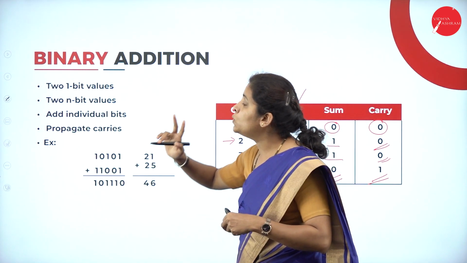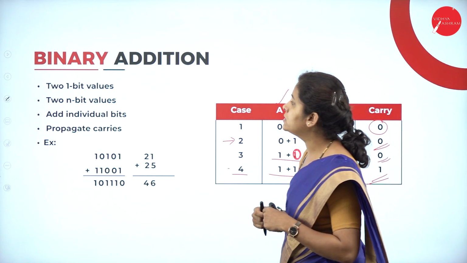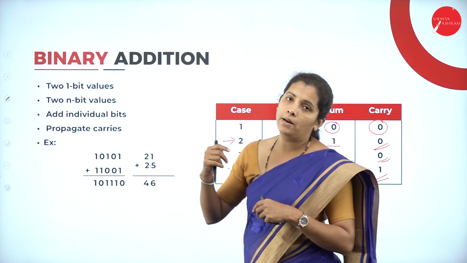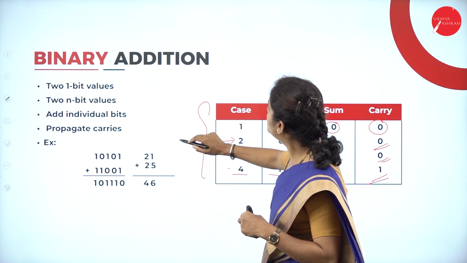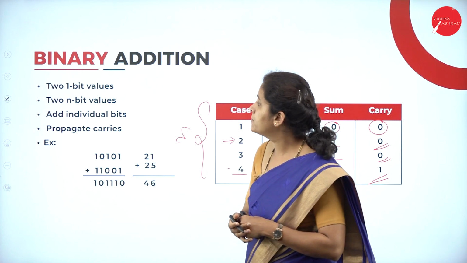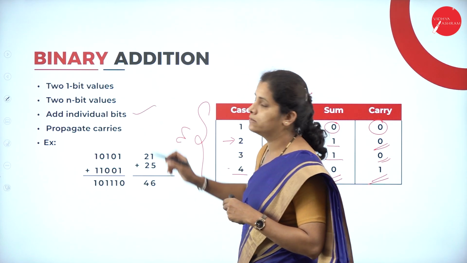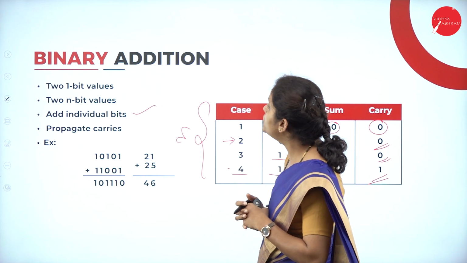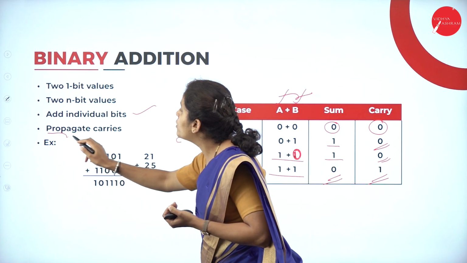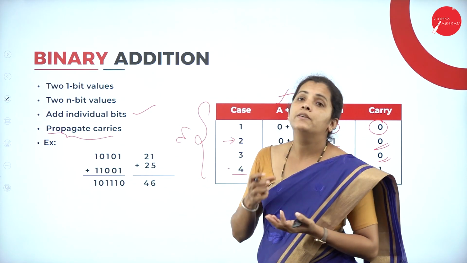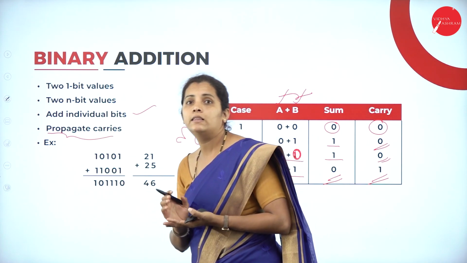We have two n-bit values. Then I'm going to add individual bits, and if there is any carry generated after adding, I'm going to propagate that carry.